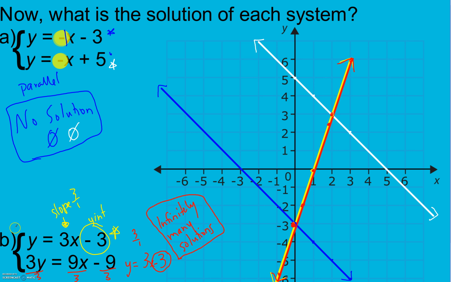But if we pick any ordered pair that works for this equation, it will also work in this equation. And we can see that if we compare our equations as well. This equation, and once we got our second equation in slope-intercept form, are the exact same equation. So we know it's infinitely many solutions there, even if we wouldn't have graphed it.